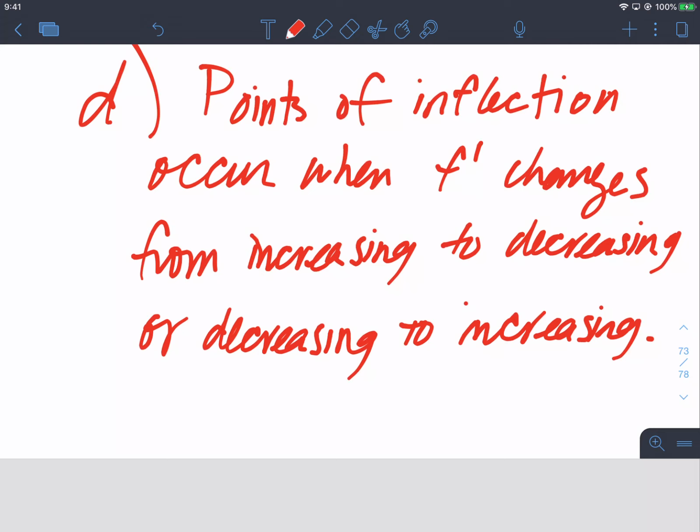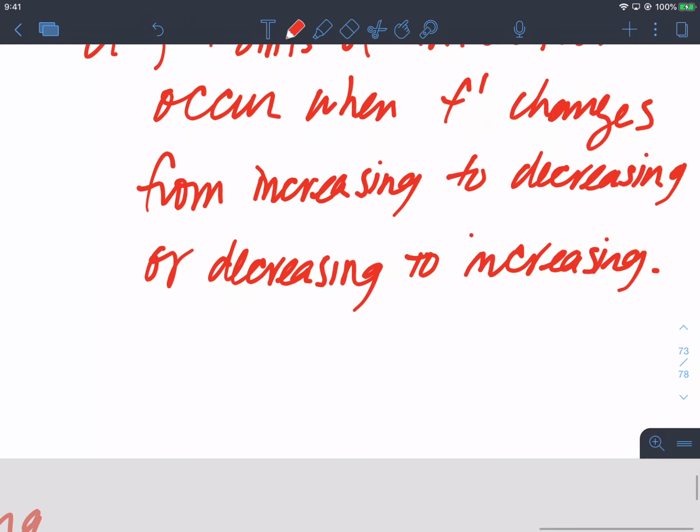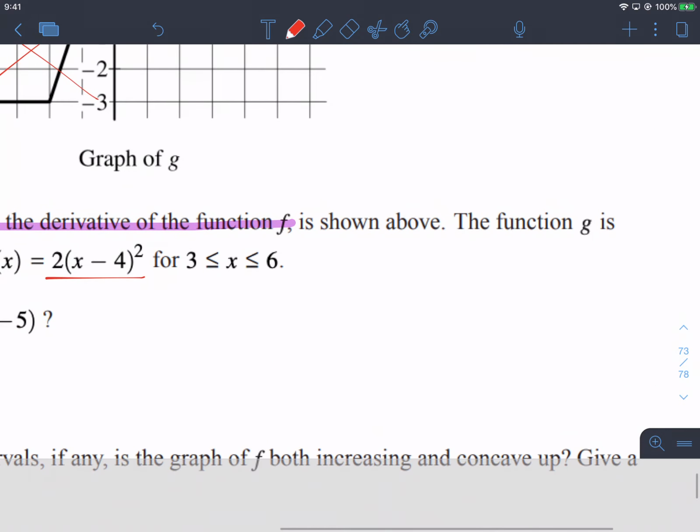So we're looking for somewhere where the graph changes from increasing to decreasing or decreasing to increasing, because f prime is equal to g.